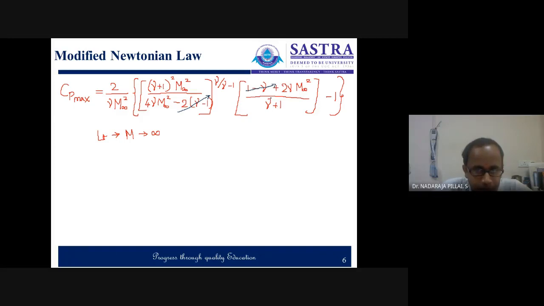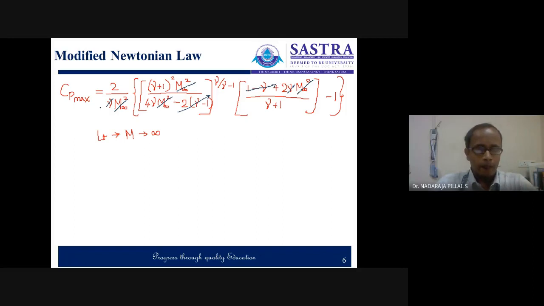Then it will become like this. This will go away, and this also will go away. Then you multiply M infinity square here, and M infinity square here also goes away, and here you have a gamma, and here you have another gamma.